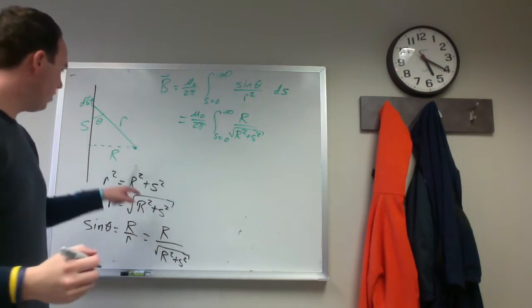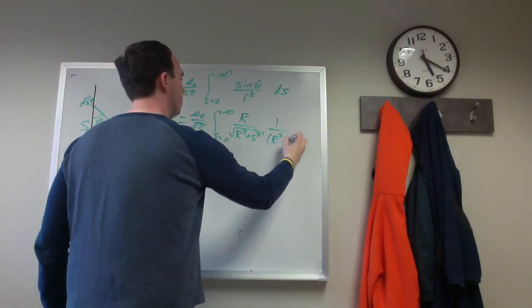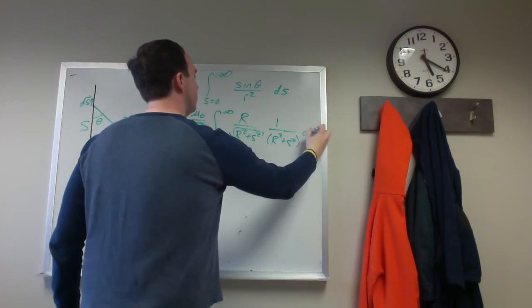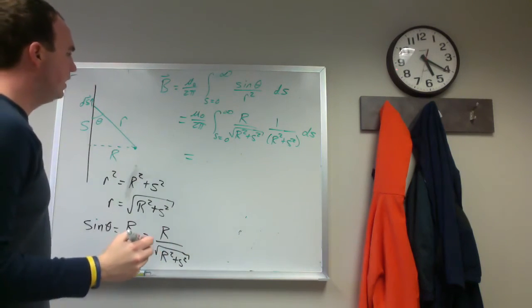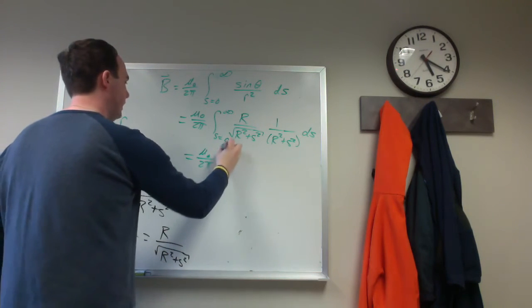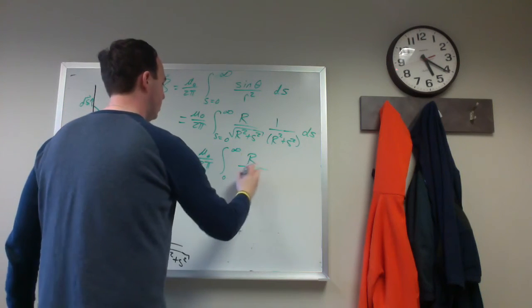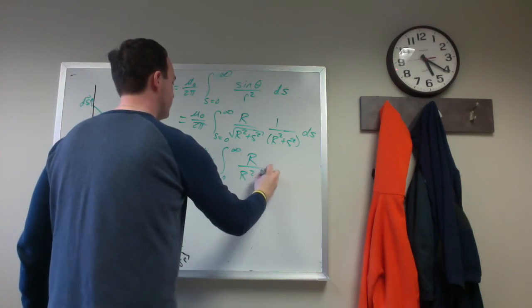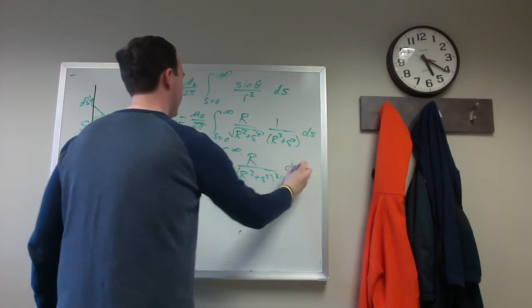And then 1 over r squared is going to be 1 over big R squared plus s squared, ds. So I can simplify this a little bit. It's mu naught over 2 pi, integral from 0 to infinity, of big R over big R squared plus s squared, whole thing to the 3 halves, ds.